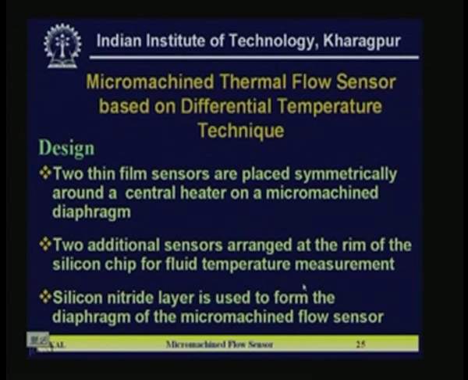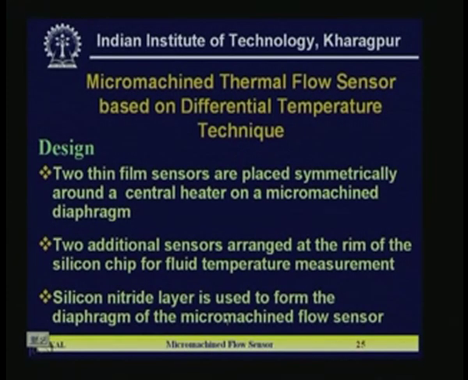That is not changed, this additional sensor, and here we will use a Wheatstone bridge, so that with respect to some reference resistance kept at the rim, we can see the change of the sensing element, and accordingly get the output by balancing the Wheatstone bridge, and there you can get a much more accurate measurement. Silicon nitride is used in this particular case to form the diaphragm of the micromachined flow sensor, because silicon nitride has better insulation property than silicon dioxide, both in respect of heat and electrical conduction.